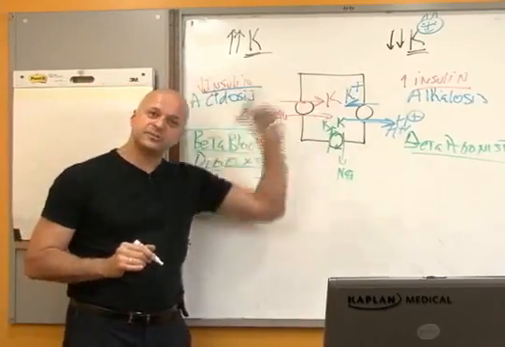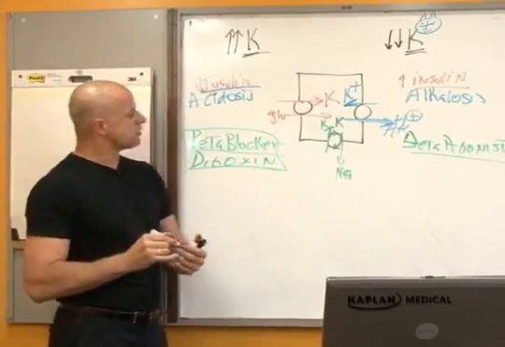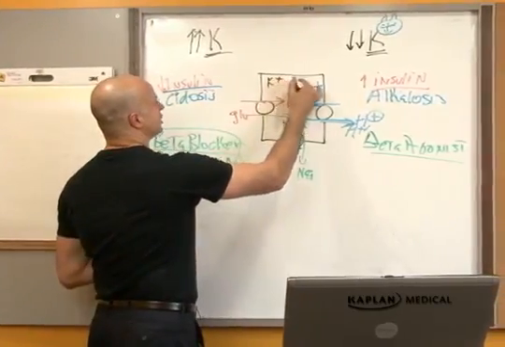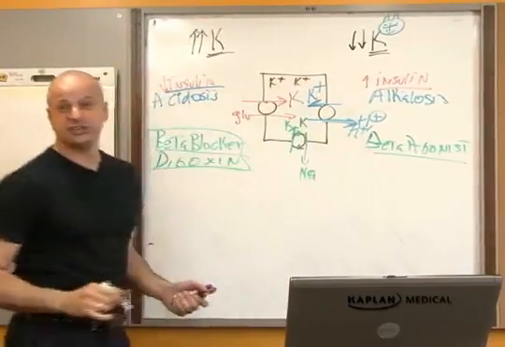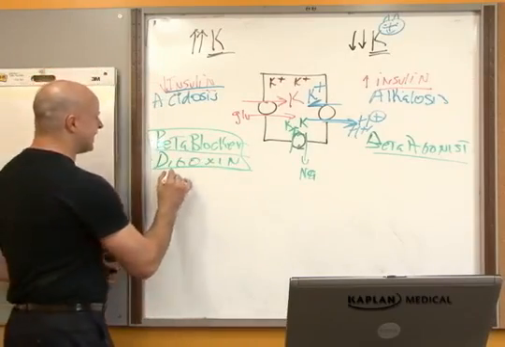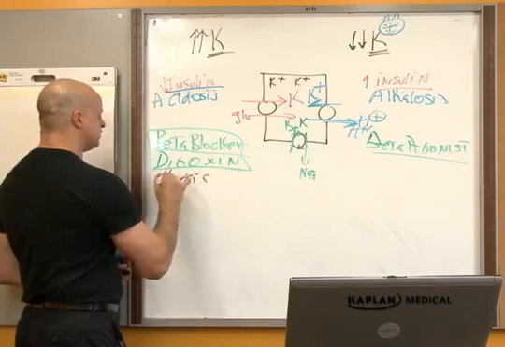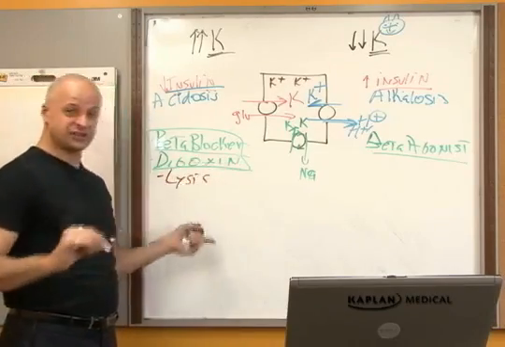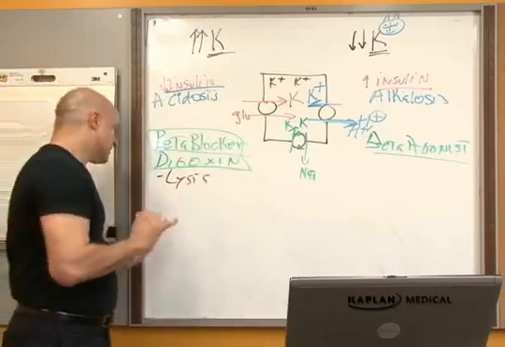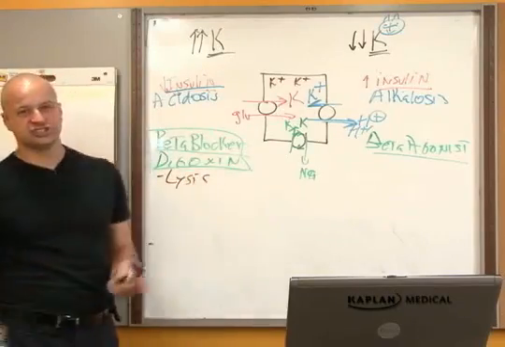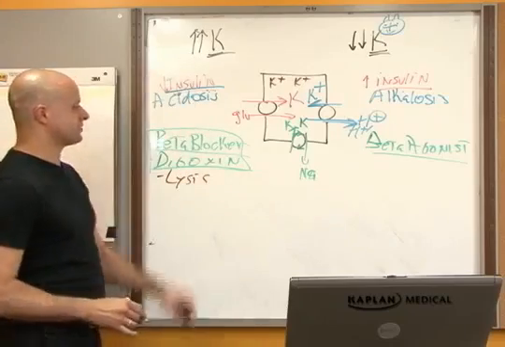Now, these are the three big cellular mechanisms. The other one I want you to notice is this. Did you notice that most of the potassium is inside the cells? 95% of it's inside the cells. That means anything that causes lysis or destruction of tissues, tumor lysis, hemolysis, rhabdomyolysis, will cause hyperkalemia.